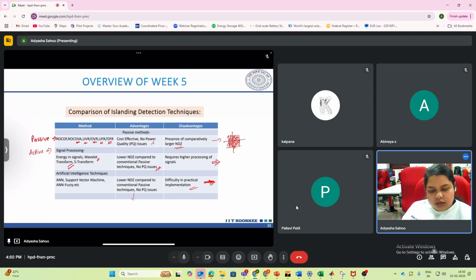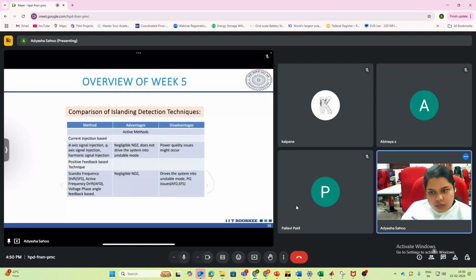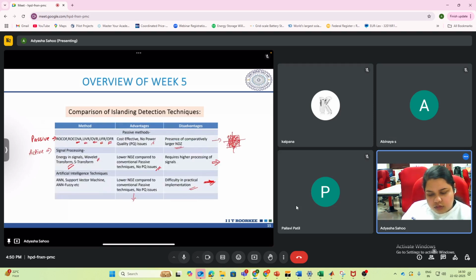Their advantages are that they also offer a lower non-detection zone, and they also do not have any power quality issues. So these were the passive methods.